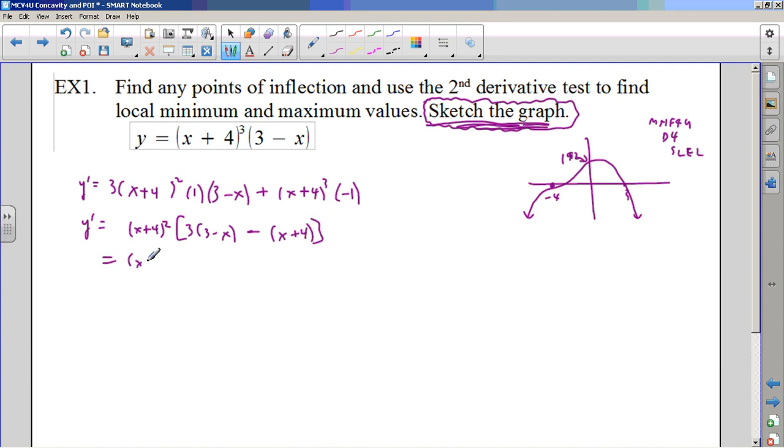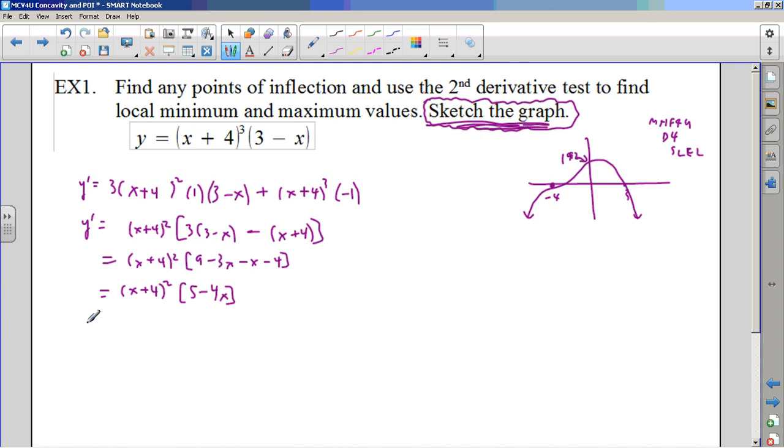And tidy that up inside the brackets: 9 minus 3x minus x minus 4. And if I'm making an arithmetic error here, please just put up your hand and tell me. That'd be great. Okay, I do have my notes here, and I'll check every once in a while to make sure that I'm on track.